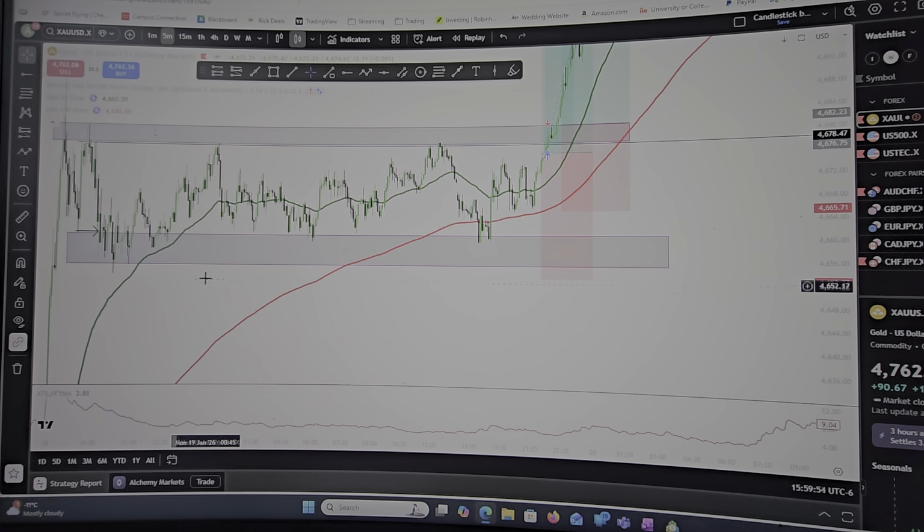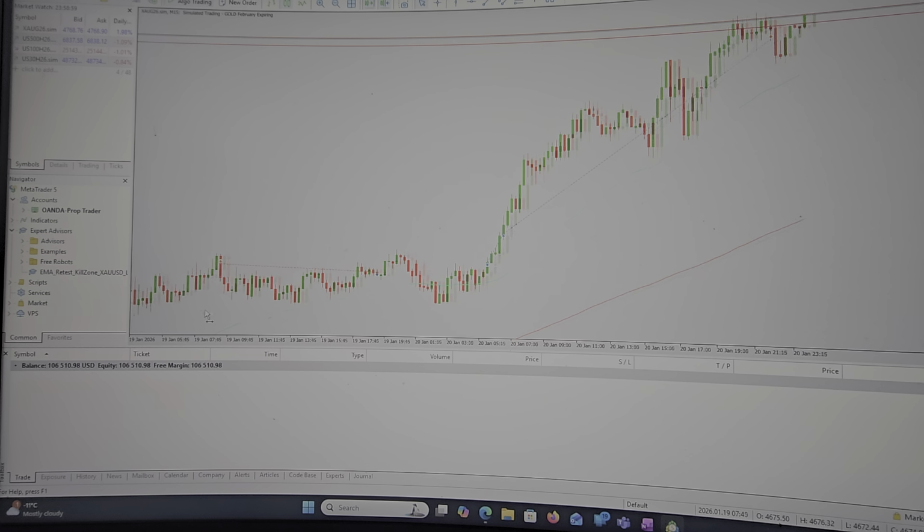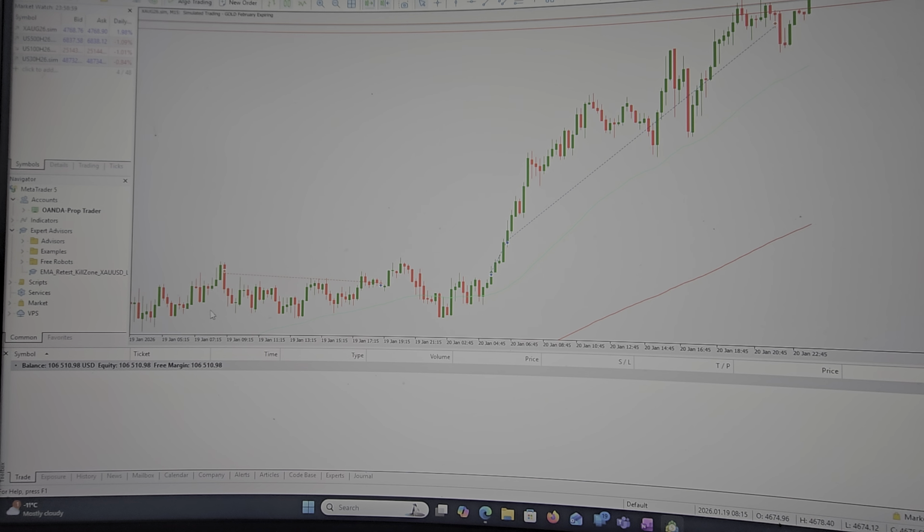So it came down, almost got there, and then started playing again. So I closed somewhere halfway there. I knew it wasn't going to get down, so I just closed the trade early. That's why I closed the trade early, because we got tapped, but it could not get down to where we were looking for. So those are the two trades.